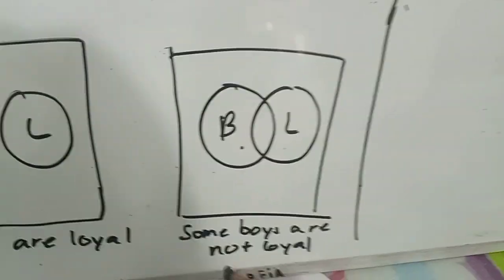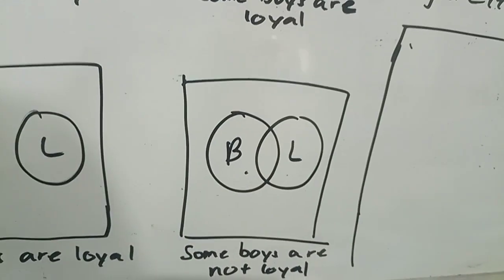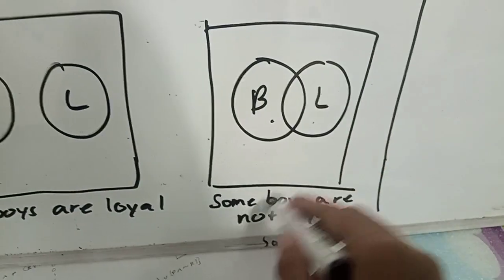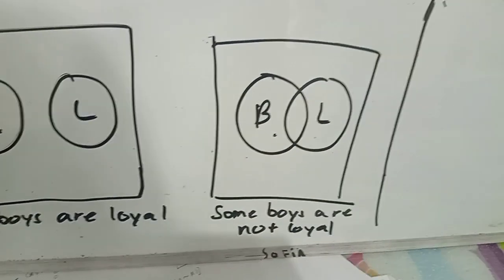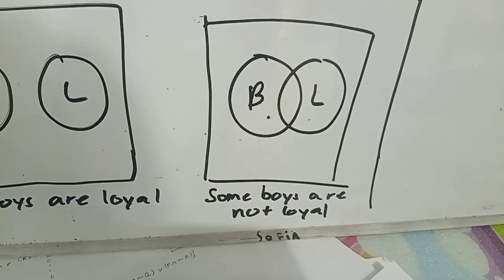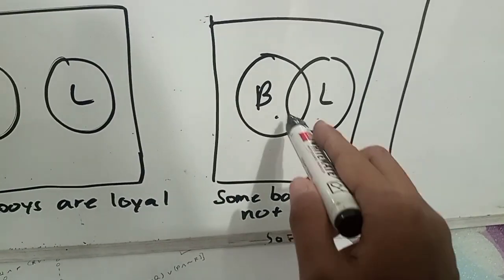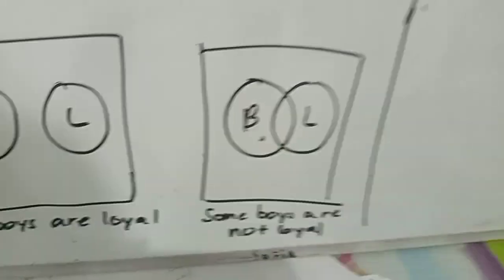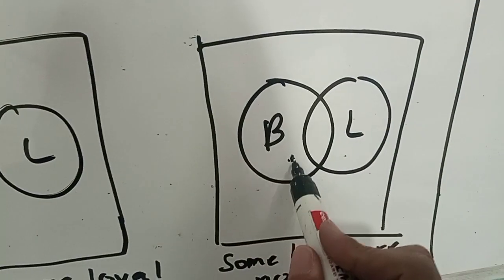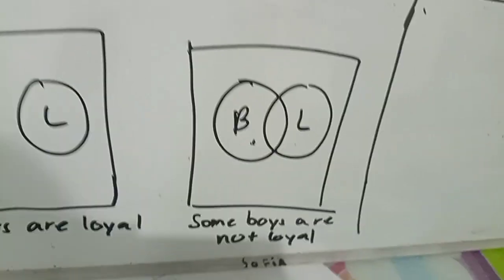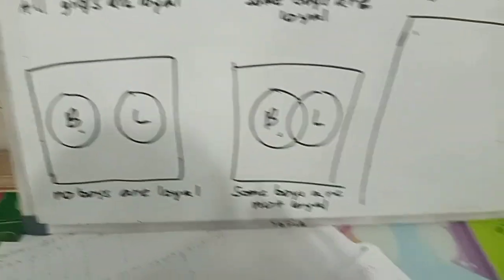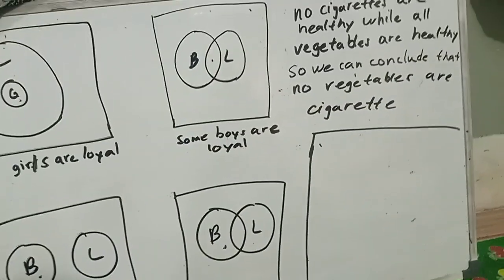Also, some boys are not loyal, so we draw it as some, so they will be interconnected somehow. But some boys are not loyal, so that means your subject is here, which makes this statement valid since the Euler diagram shows that it is possible.